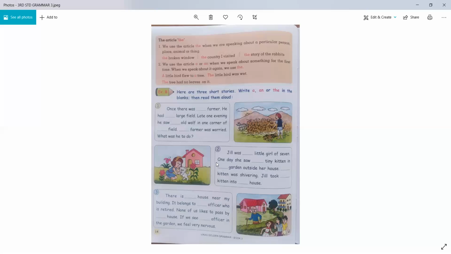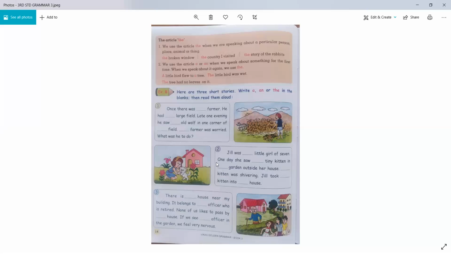None of us likes to pass by the house. If we see the officer in the garden, we feel very nervous. Okay? We feel very nervous.